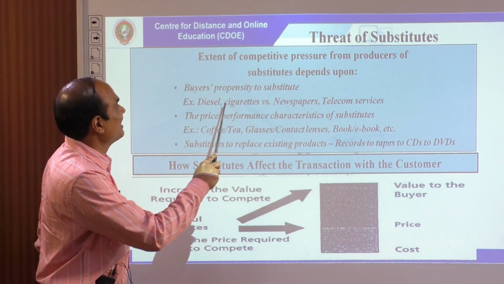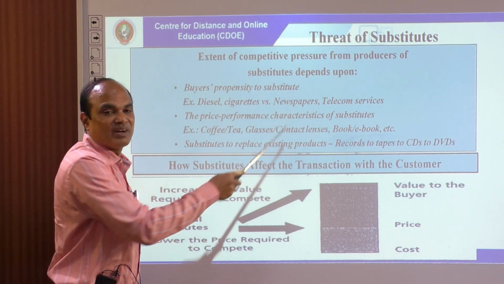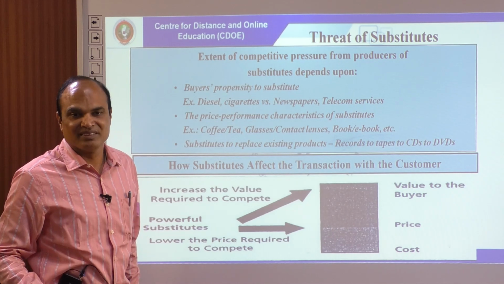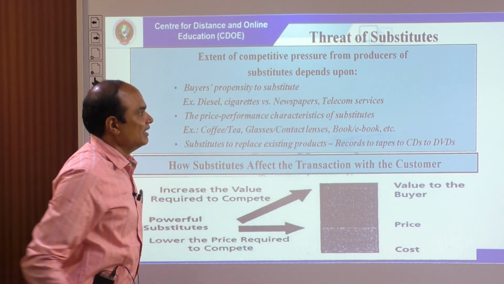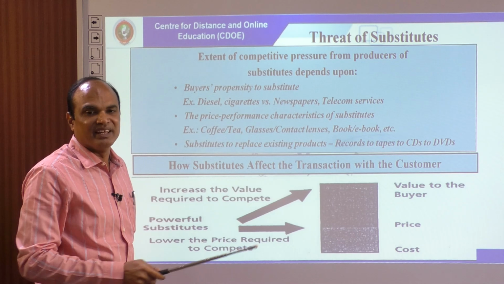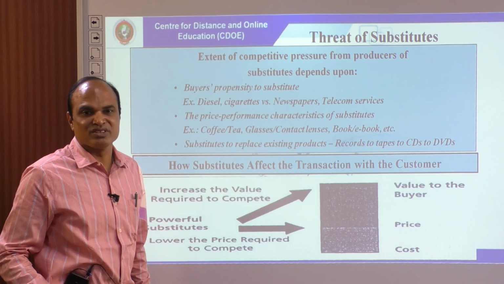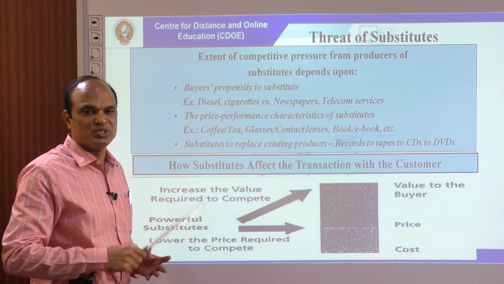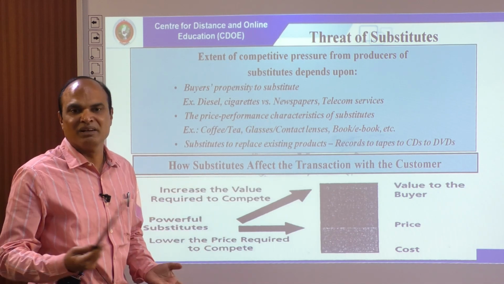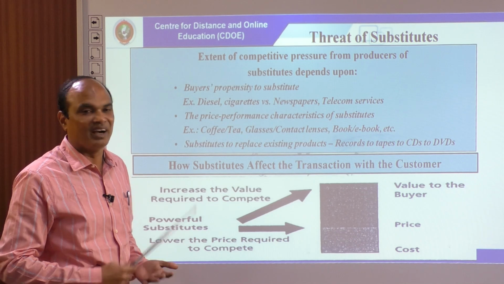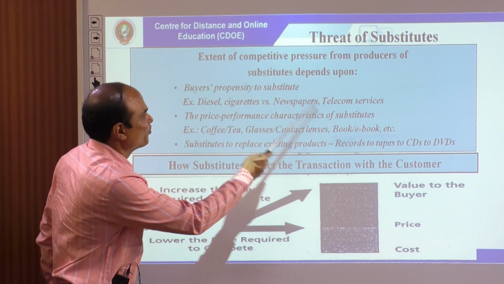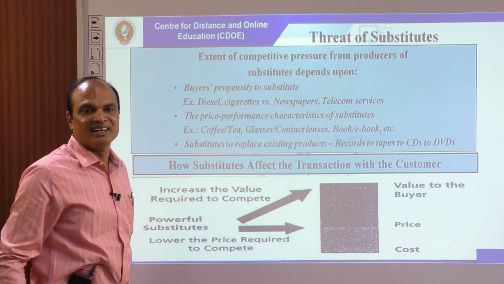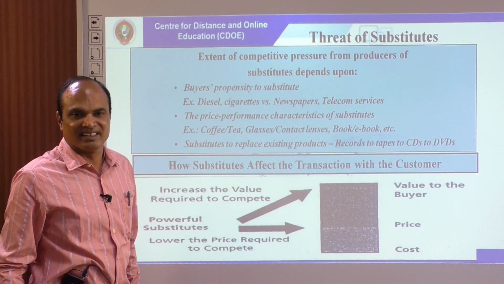So easy substitutes are available. And if BSNL is not providing good telecom services, you always have a choice to switch over from BSNL to Jio or Airtel or any other operator, and you don't need to be brand loyal like with cigarettes and other things.